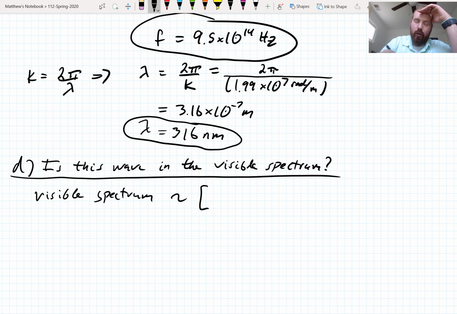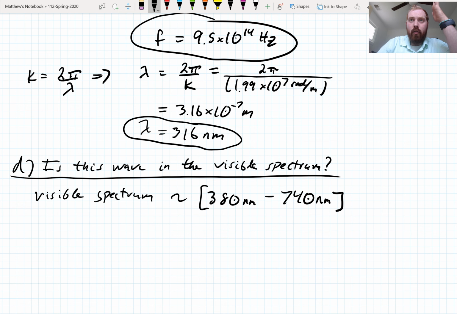The visible spectrum is about, this will change person to person depending on the biological makeup of your eyes, but for most people, this is generally accepted, we can see as tiny as 380 nanometers. Right? The lowest wavelength we can see, and the longest wavelength we can see is 740 nanometers. All right?